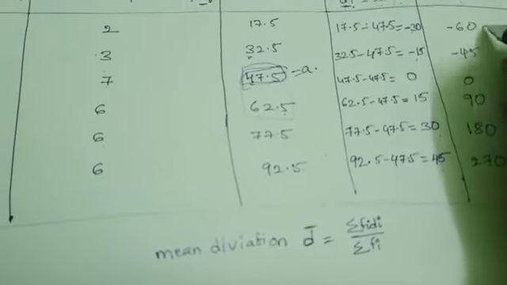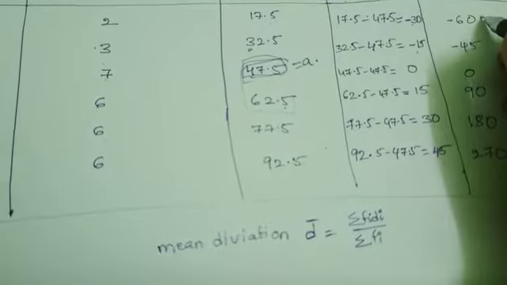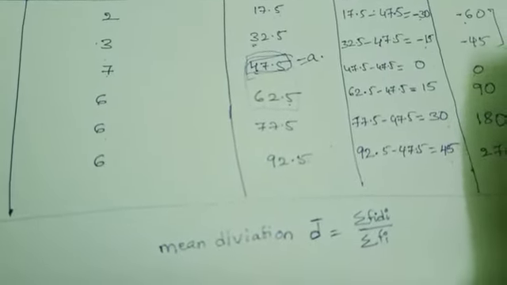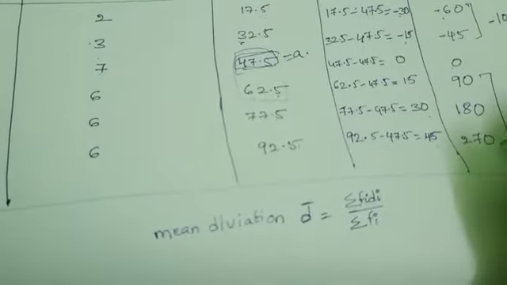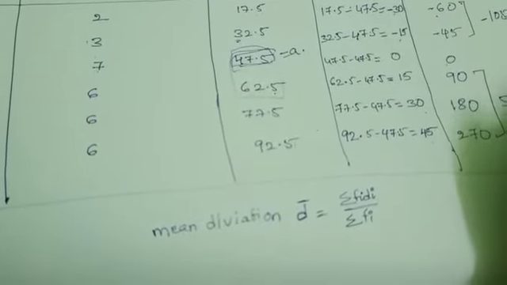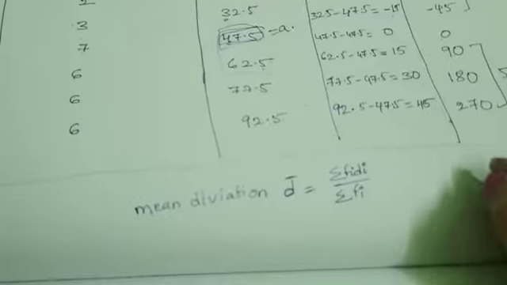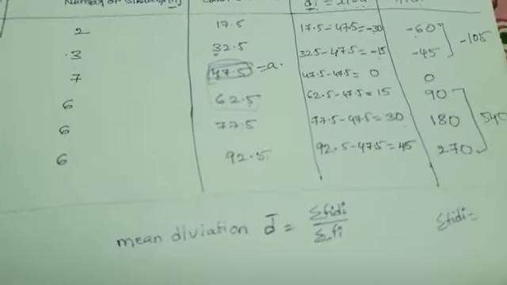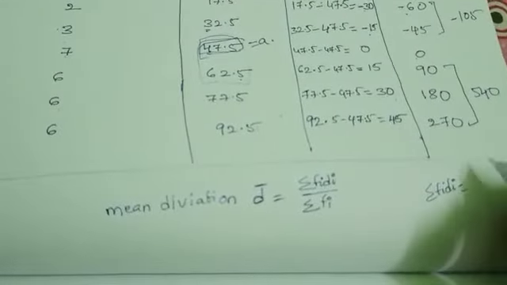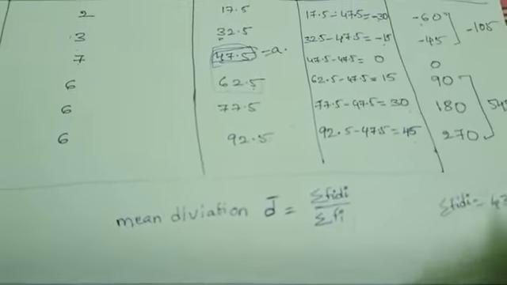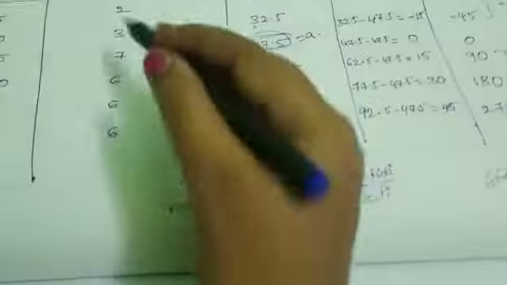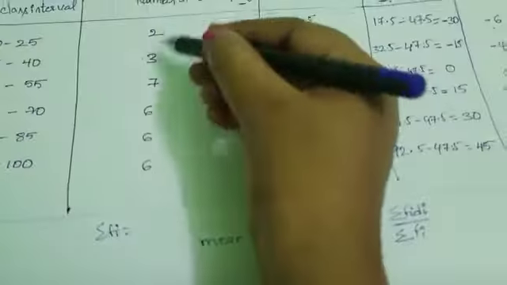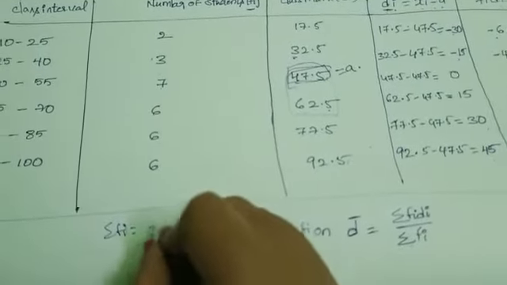What is the sum? 60 plus 45, this value equal to minus 105, and this is positive 540. Therefore sigma fi di equal to 540 minus 105, 435. Sigma fi, the number of students, is 30.